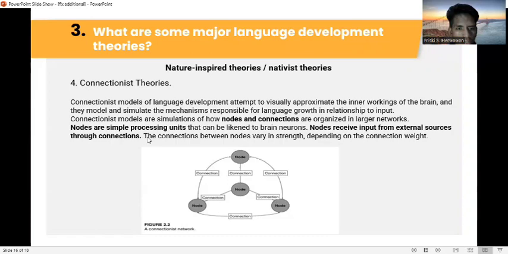Nodes are simple processing units that can be linked to brain neurons, and nodes receive input from external sources through connections. The connections between nodes vary in strength depending on the connection weight. So the connection between some nodes could be strong and some could be less strong. It depends on the input from external sources through connections.